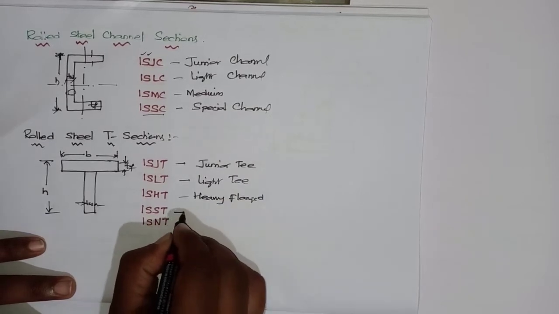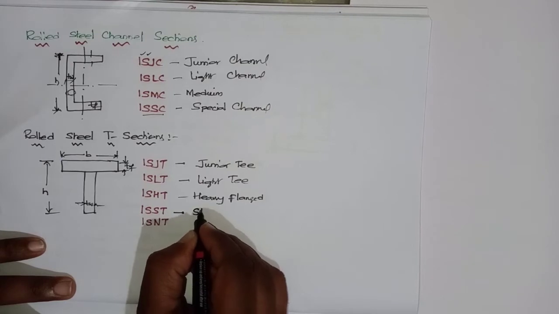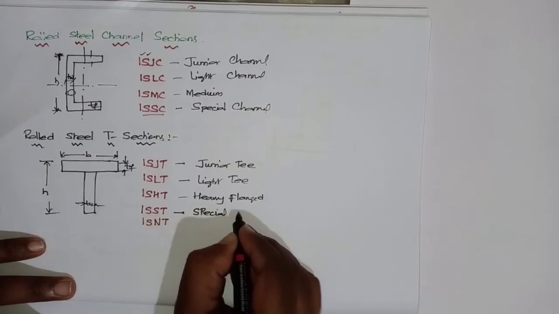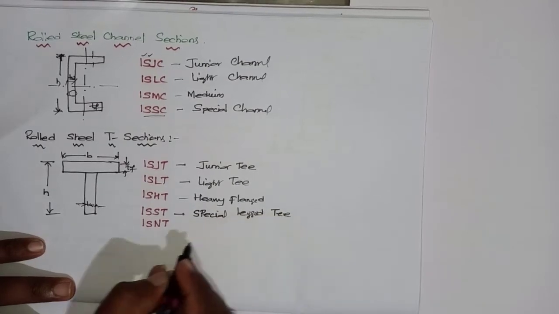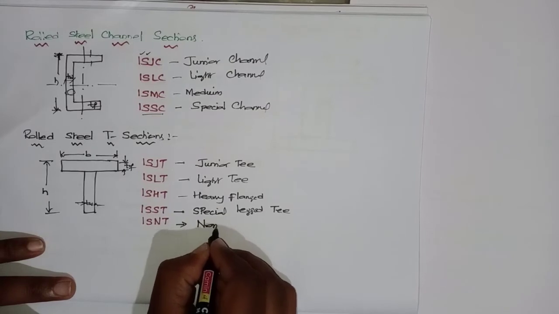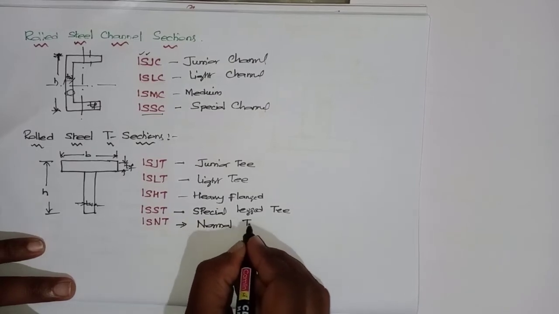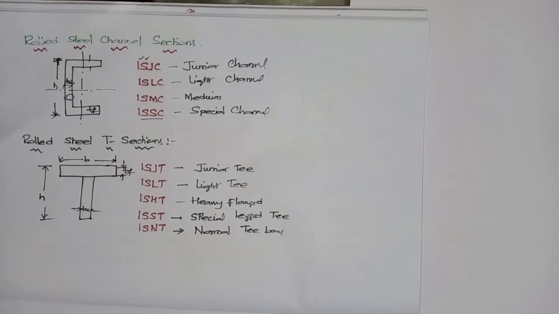Next one is Indian Standard special legged T bars. And the last one, Indian Standard normal T bars. So these are the important ones. And next we'll see the angle sections.